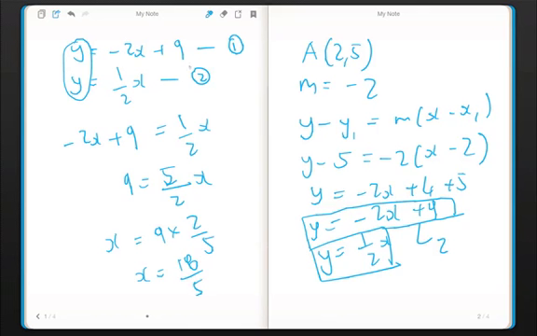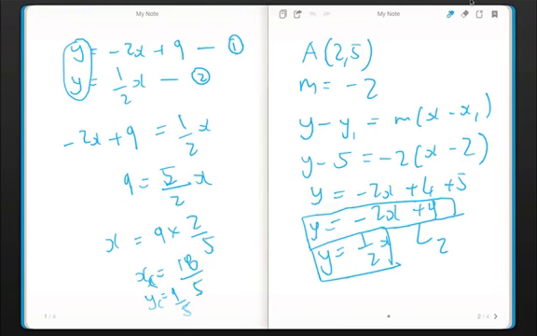Putting it into one of the equations, we can find that 0.5 into 18 by 5 is equal to 9 by 5. So y, that is yc, is equal to 9 by 5. I just inserted it into one of these equations.